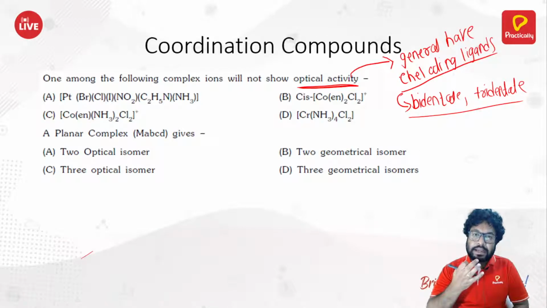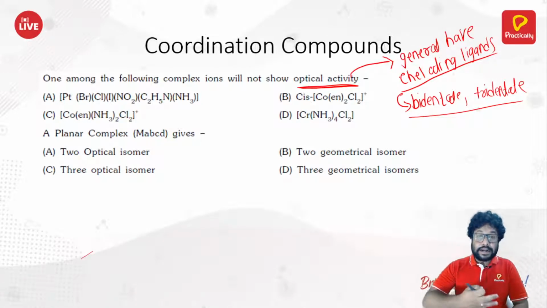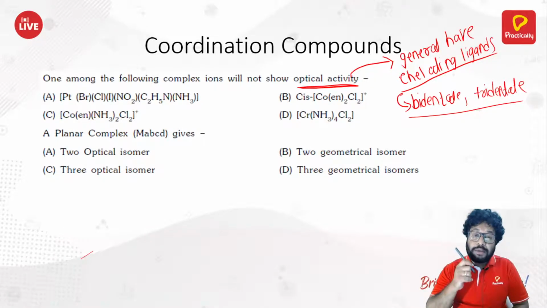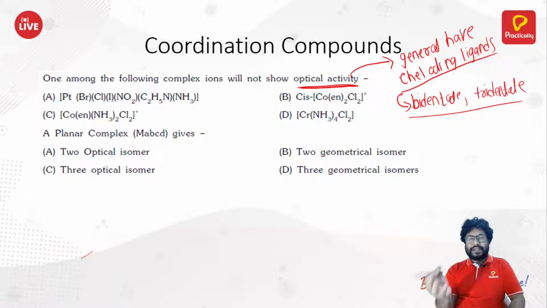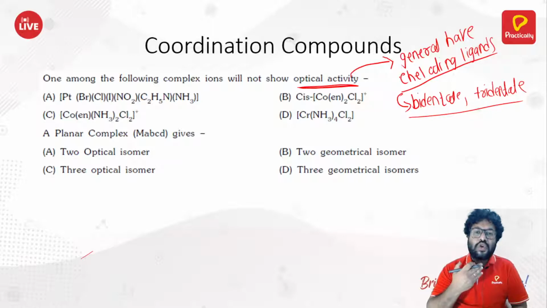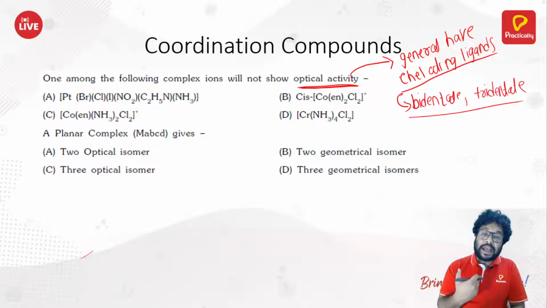That means bidentate, tridentate, tetradentate, pentadentate, hexadentate, heptadentate, octadentate, whatever number of dentate you take apart from mono, all of them are chelating ligands. And to have a chelating ligand is a prime condition for a compound to show optical activity. However, some compounds do not show optical activity despite having a chelating ligand.